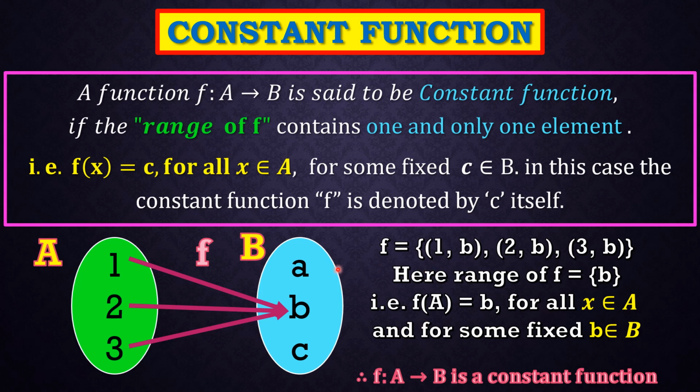That means the images of the elements in the domain set are always related to a fixed element, which is constant and does not change. Therefore, this type of function is called a constant function. This is the definition of a constant function.